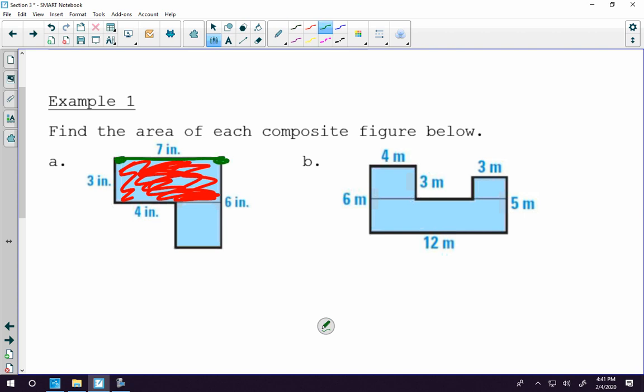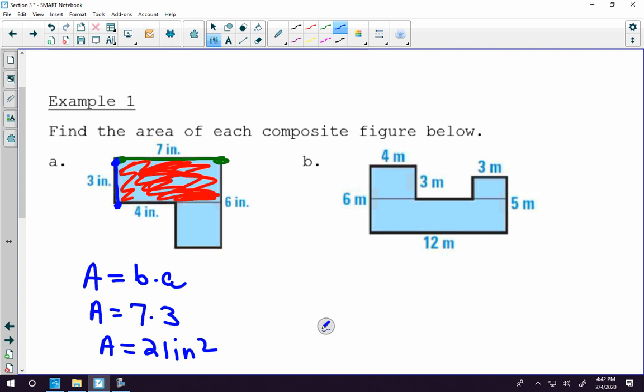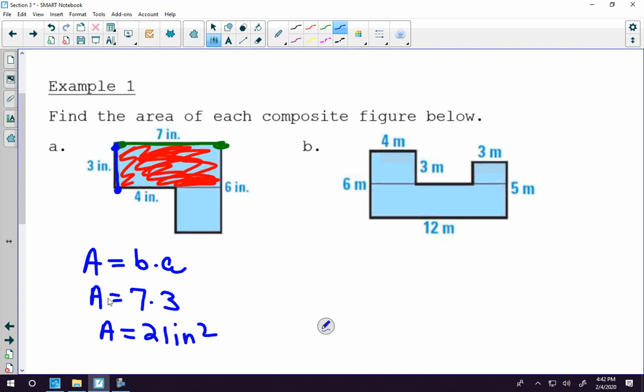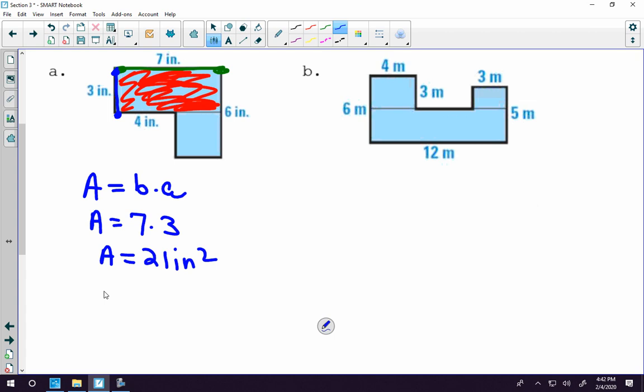I'm highlighting that in green. The altitude of that rectangle is 3 inches. So the area of this rectangle, using area equals base times altitude, substituting in 7 for the base and 3 for the altitude, we know the area of that rectangle I just shaded in red is 21 square inches.